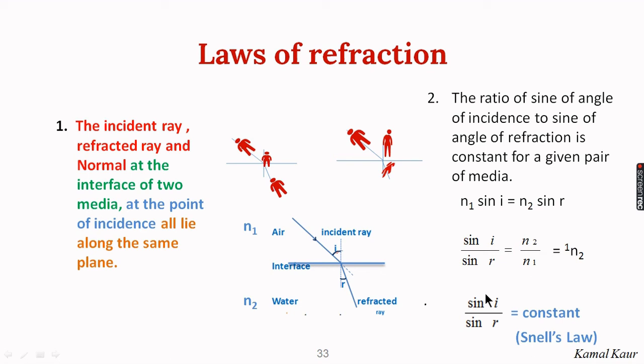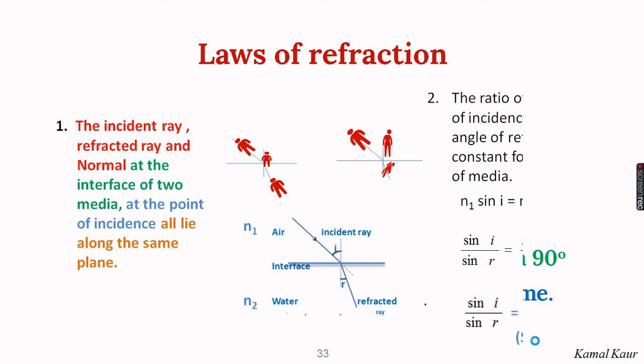We can also say that the second law of refraction is the ratio of the sine of the angle of incidence to the sine of the angle of refraction, and this ratio is always constant. And we can state this law as: the ratio of the sine of the angle of incidence to the sine of the angle of refraction is constant for a given pair of media, and this law is also called Snell's law.